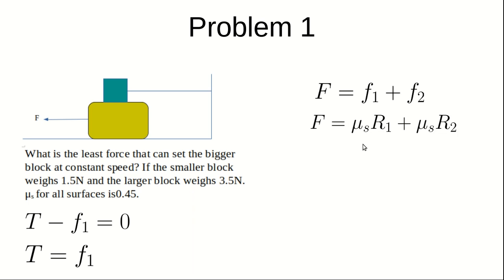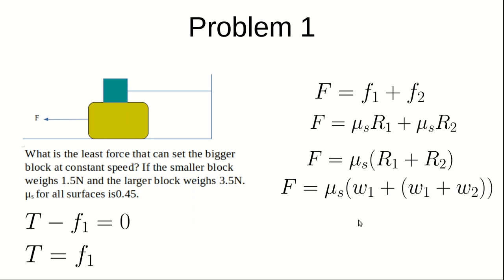We can factorize mu s out, and that gives us this expression. Our R1 for this system is the weight of this first block, while our R2 is the weight of this block and this block, because the friction here is a result of this entire block, which is R2.